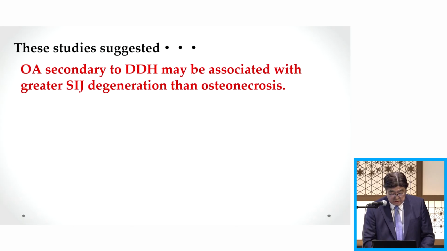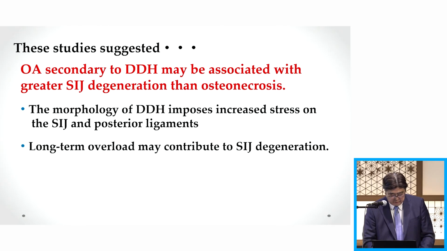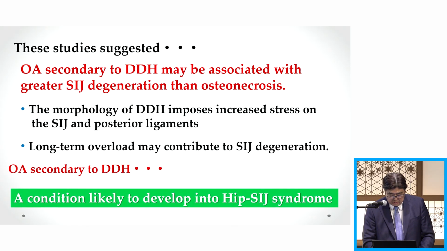These studies suggest that OA secondary to DDH may be associated with greater SIJ degeneration than osteonecrosis. The morphology of DDH imposes increased stress on the SIJ and the posterior ligament, and long-term overload may contribute to SIJ degeneration. Therefore, OA secondary to DDH appears to be a condition likely to develop into hip-SIJ syndrome.